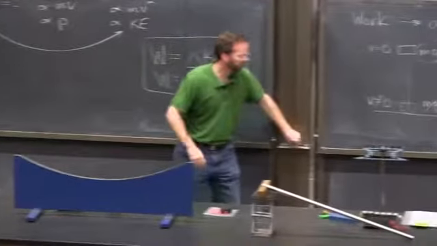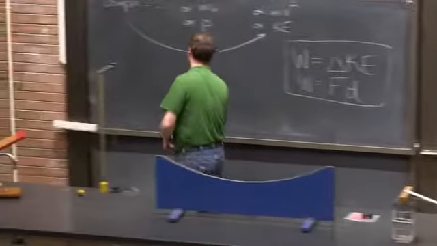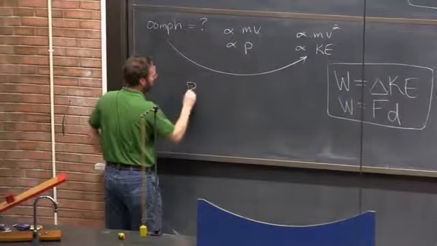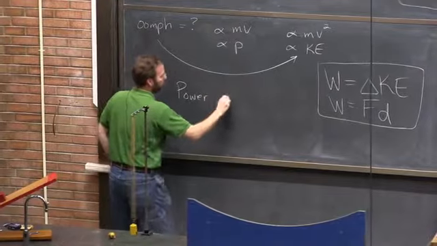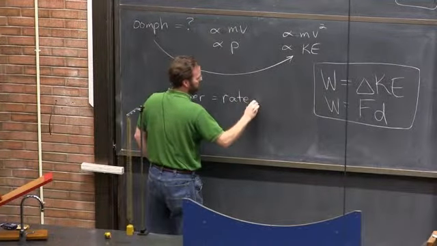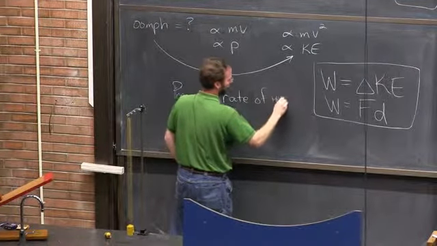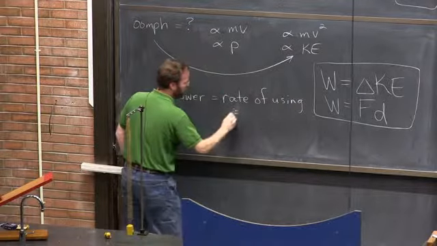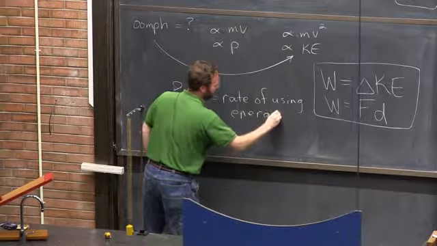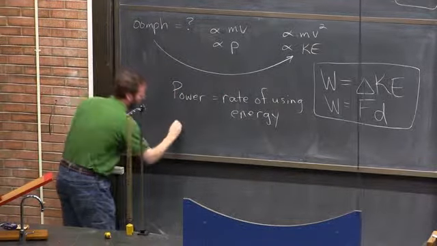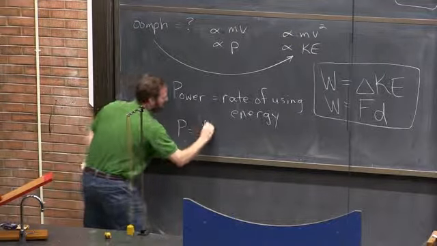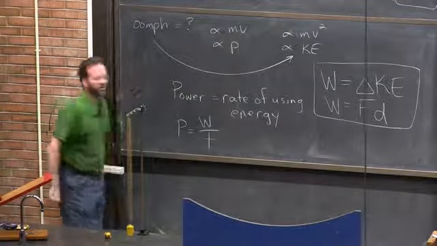We'll discuss this next time, but power is what we're dealing with there. Power is the rate we use energy, how fast or slow we use energy. So it's like work over time. That's where the time comes in.